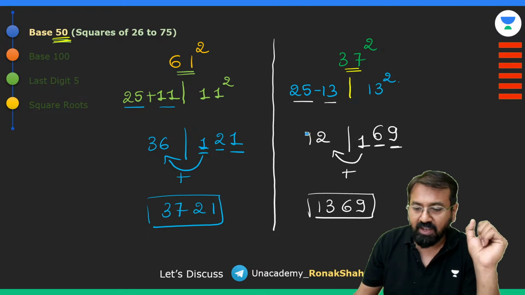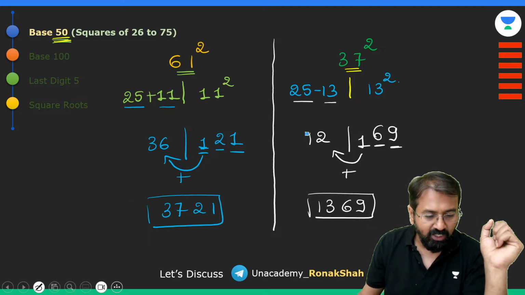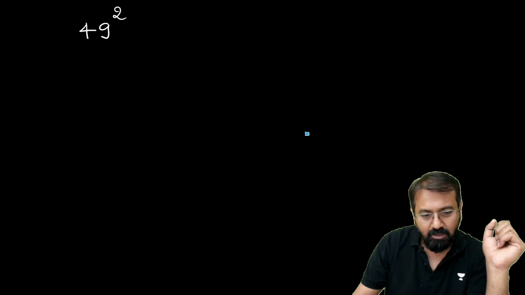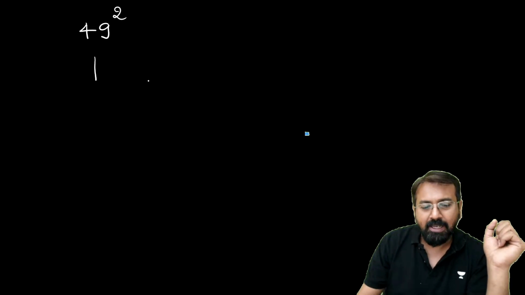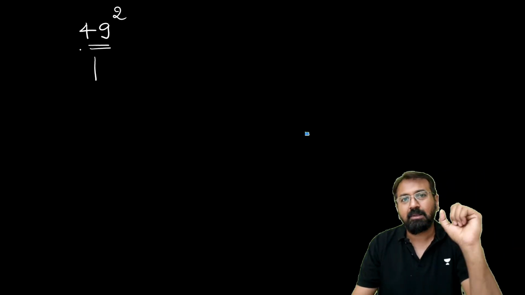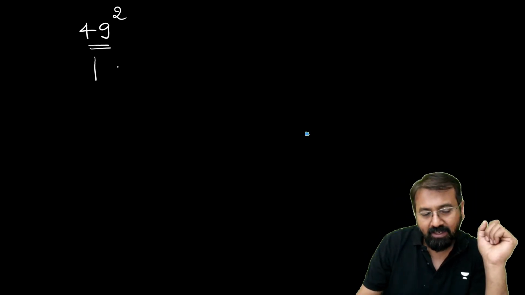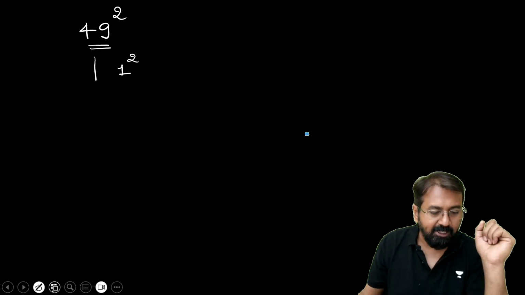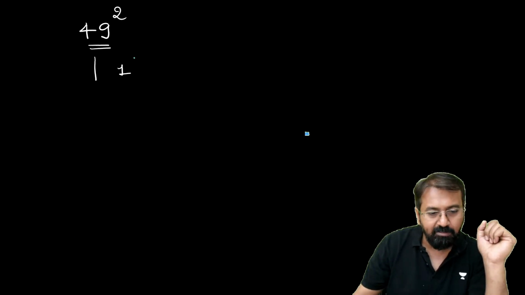Now guys, what if I take a number like this one? Let me take another number. For example, I want to find out the square of 49. So what will be my right part? Can you tell me? 49 is 1 less than the base, which is 50. So my right part will be 1 square. Do you all agree? So this is going to be 1 square.